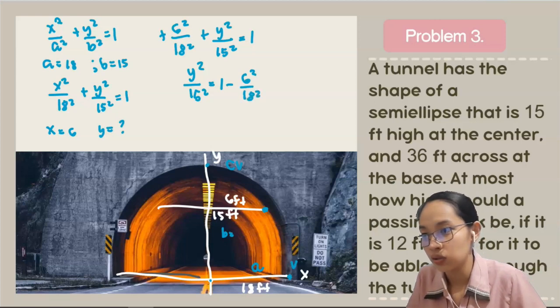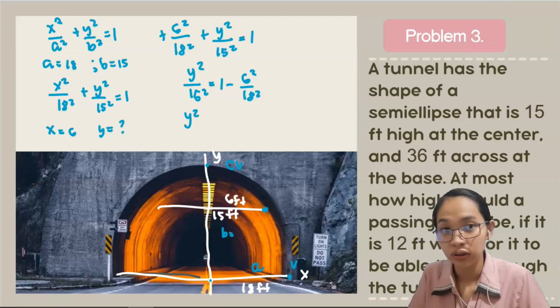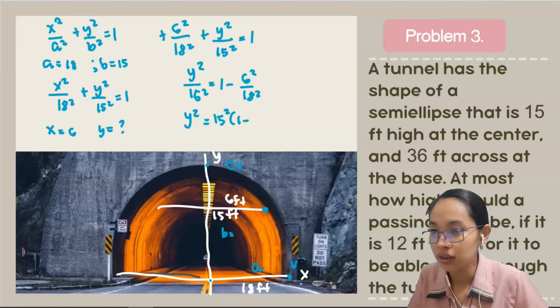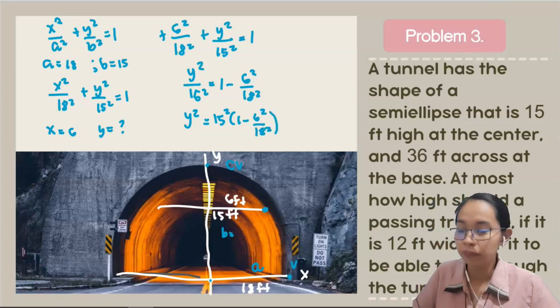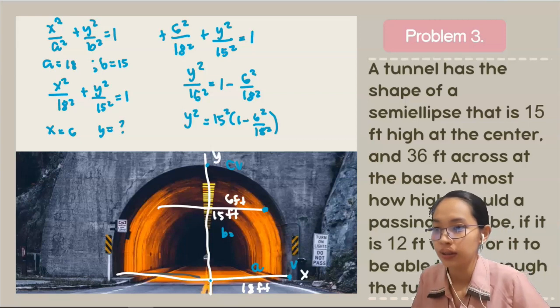Next, kailangan natin i-isolate yung variable natin dyan. So, kailangan natin tanggalin itong 15 na yan. So, paano natin tatanggalin? I-cross-multiply lang natin. So, we have from the denominator, pag cross-multiply, magiging numerator 1 minus 6 squared all over 18 squared. Next, use your calculator. 15 squared times 1 minus 6 squared. Okay, that is y squared is equal to 200.